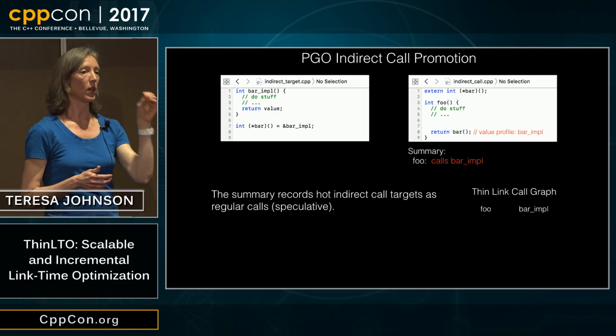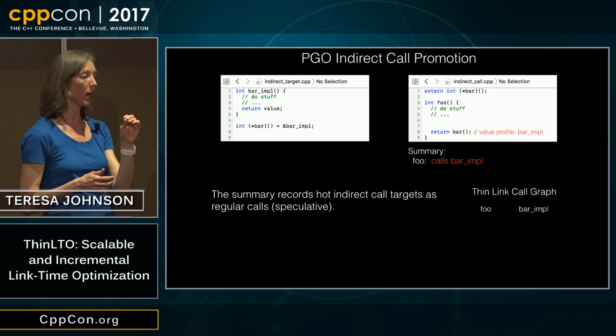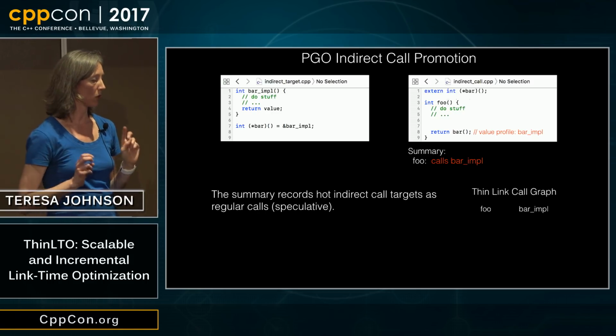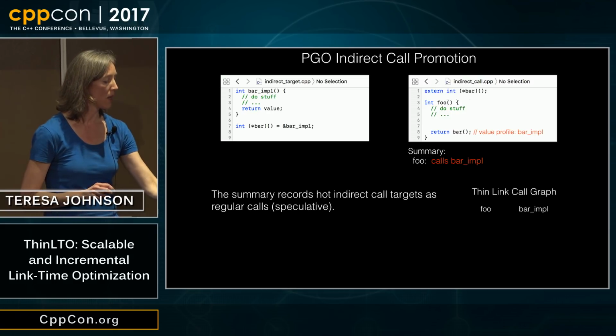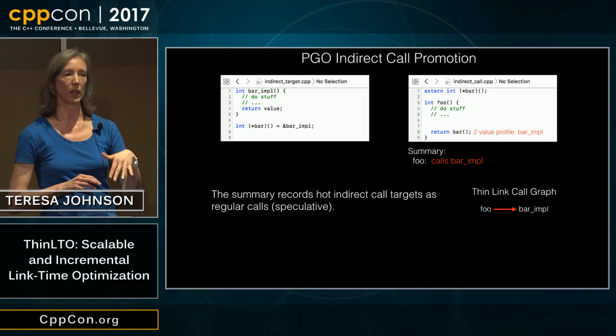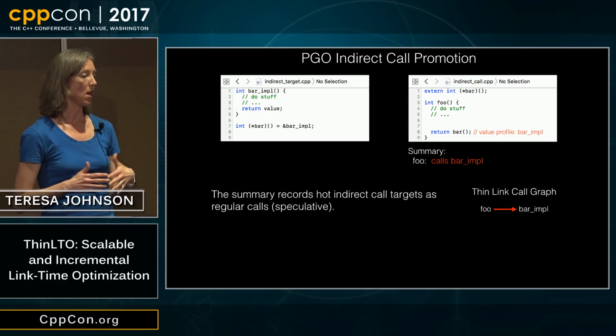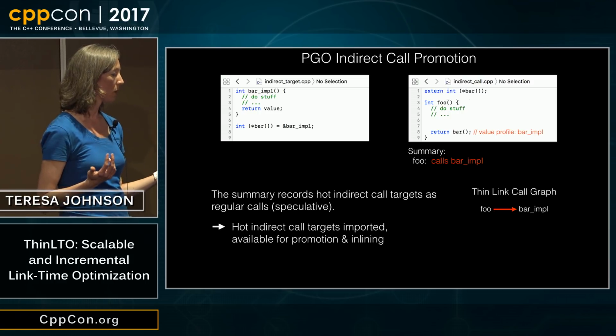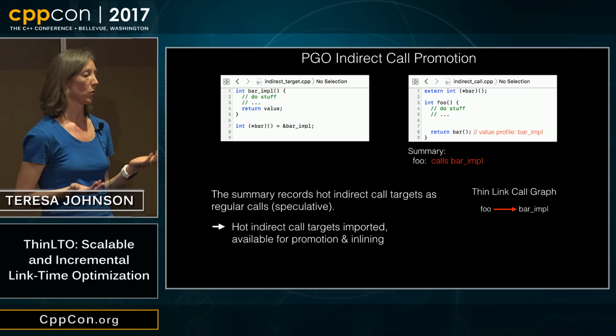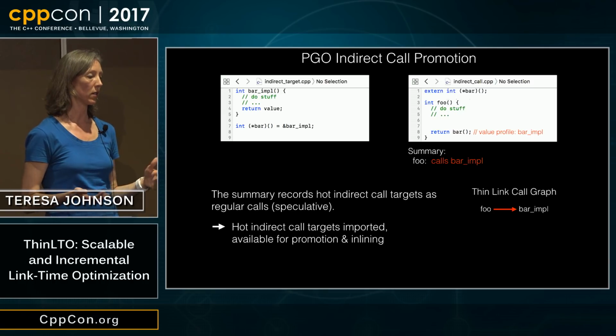We see that there's a hot target for this indirect call, so we record that as a speculative direct call in the summary. Now in the thin link call graph, we have an edge between those, and we can simply go ahead and import bar impl as if it was directly called. Once you've imported it, the backend can go ahead and actually do the indirect call promotion.